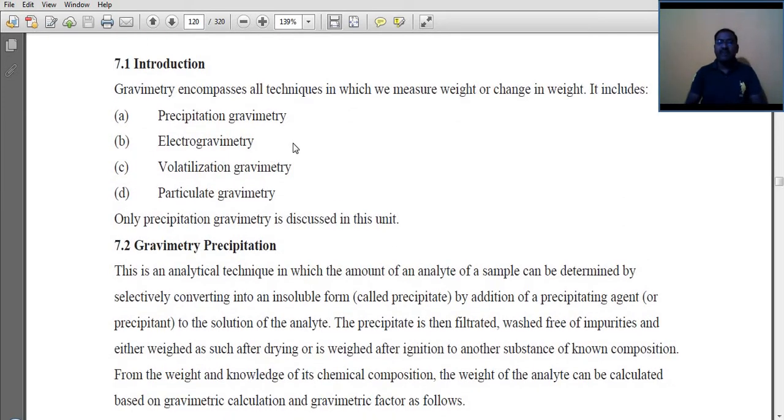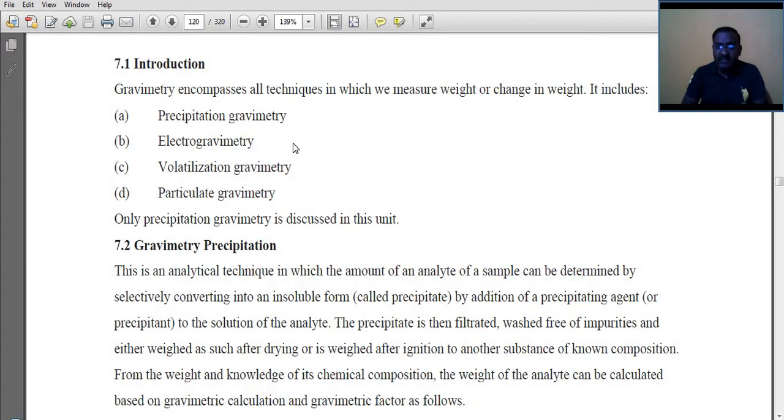The term gravimetry encompasses all techniques in which we measure weight or change in weight.